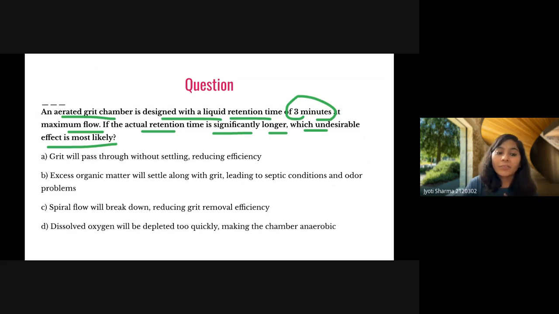Grit will pass through without settling, reducing efficiency. Excessive organic matter will settle along with grit, leading to septic condition and odor problems. Spiral flow will break down, reducing grit removal efficiency, and dissolved oxygen will be depleted too quickly, making the chamber anaerobic.